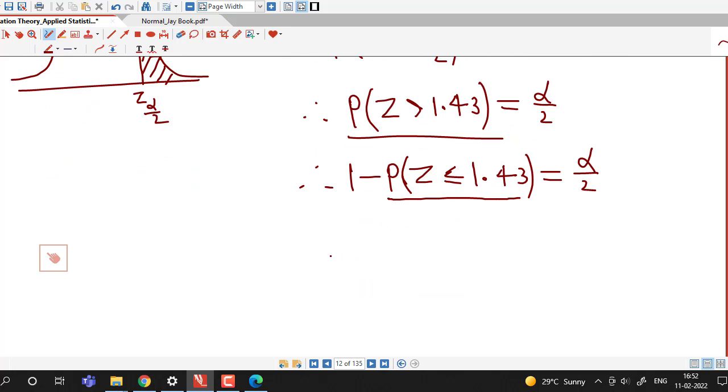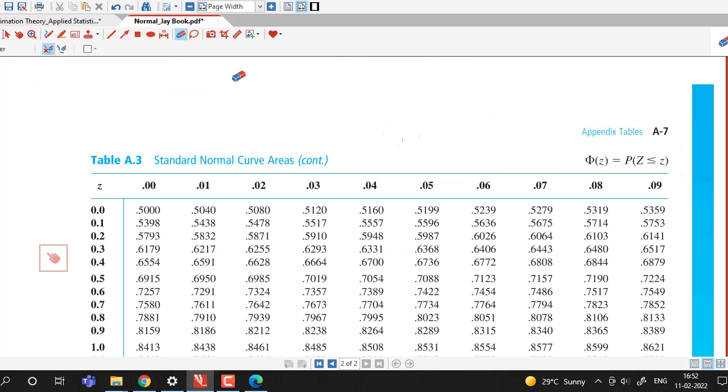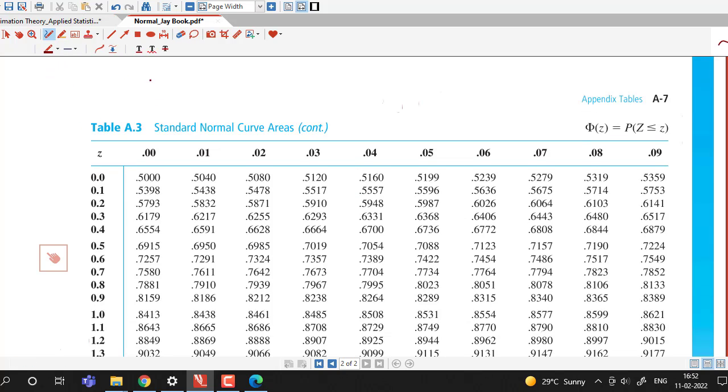This we can obtain using the standard normal table. We can use cumulative probabilities for standard normal. So we will find out values of Z corresponding to this. This we can rewrite as 1.4 plus 0.03.